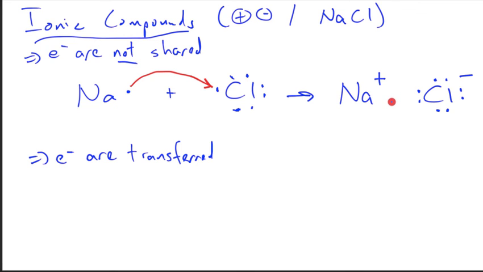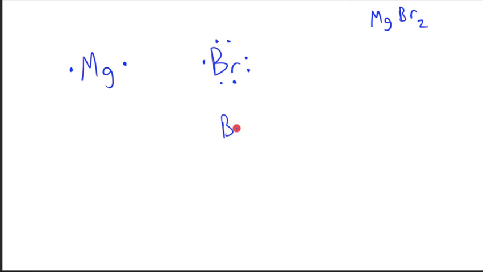Just another one real quick. Magnesium's in the second family. It's got 2 electrons. And then let's say, what does it do with bromine? Bromine's got 7 electrons around it. Now, one thing to keep in mind is something we learned back in chapter 2: when these 2 families react together, it does something like that. So actually I need to bring 2 bromines in.